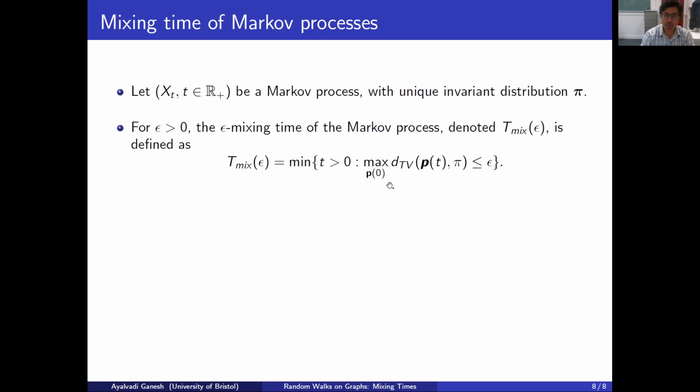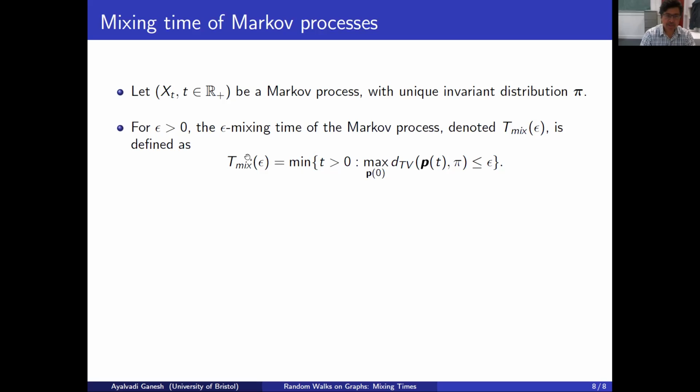And this is true no matter what initial condition you start in. So for arbitrary initial conditions, you are not further than epsilon away from the invariant distribution by time t. Taking the maximum over initial conditions ensures that.